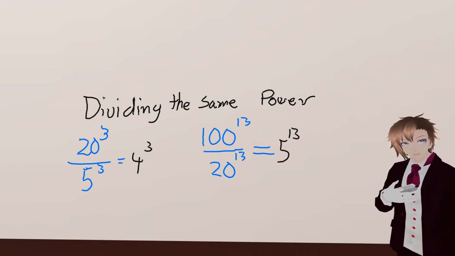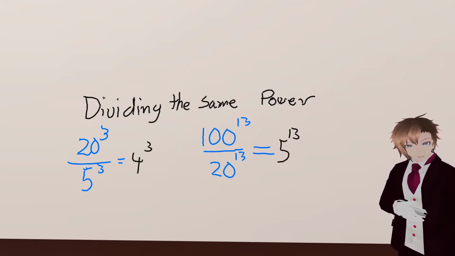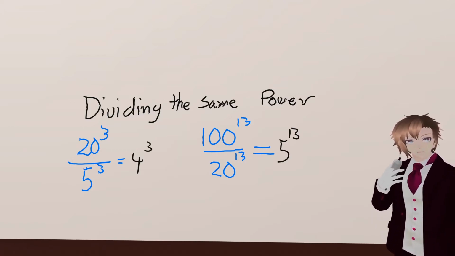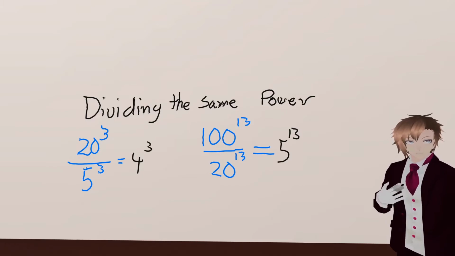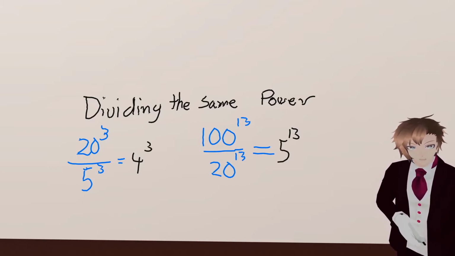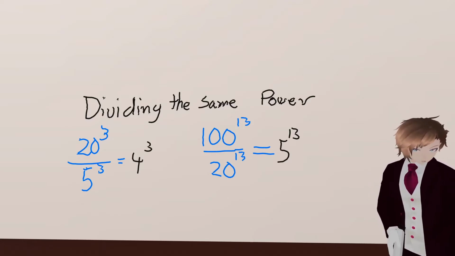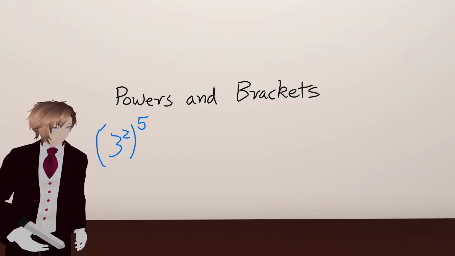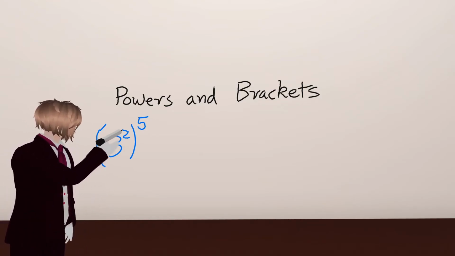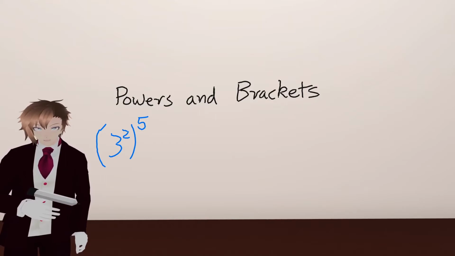Right. So we have one more type of multiplication to look at, and that's to do with brackets. Let's have a look at that now. So here is a number with a power, and that is to the power of something else.